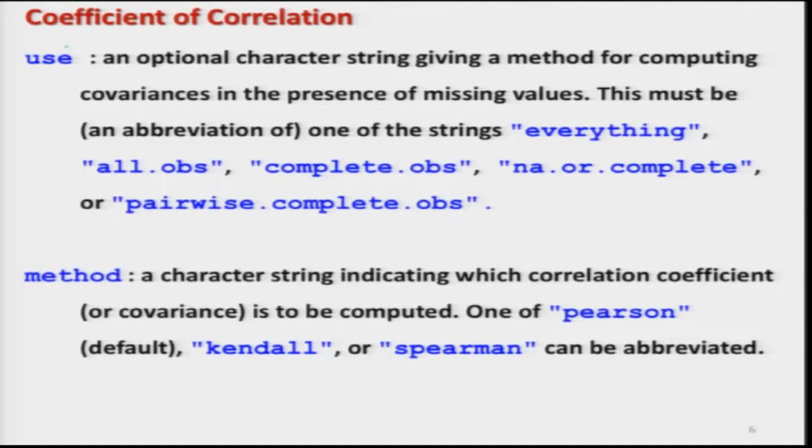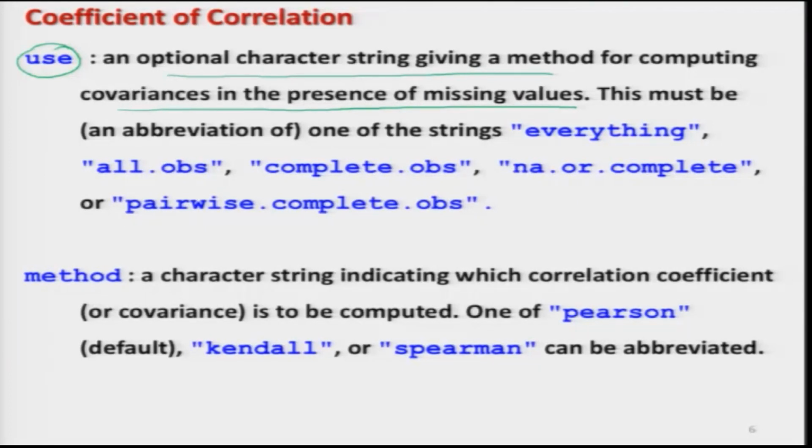Actually this use is an optional character in this cor function, which gives a method of computing the covariance in the presence of missing values. If you remember, earlier we had used the command na.rm. So this argument also has a similar utility.